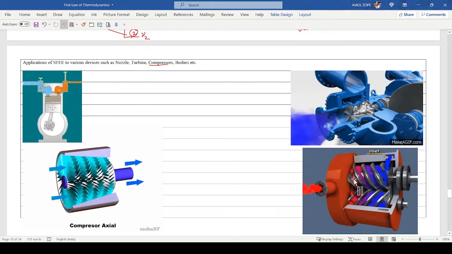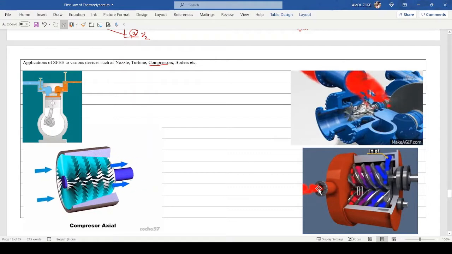Means the density increases, and that process is called the compression process, or increase of pressure process.